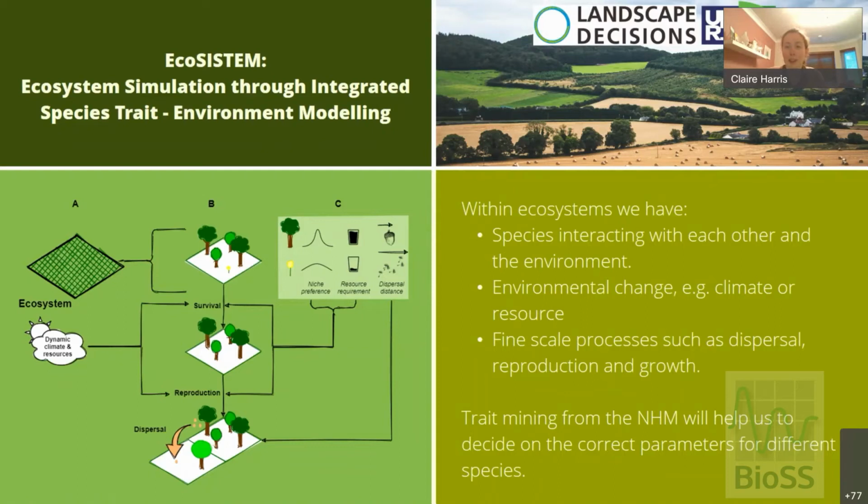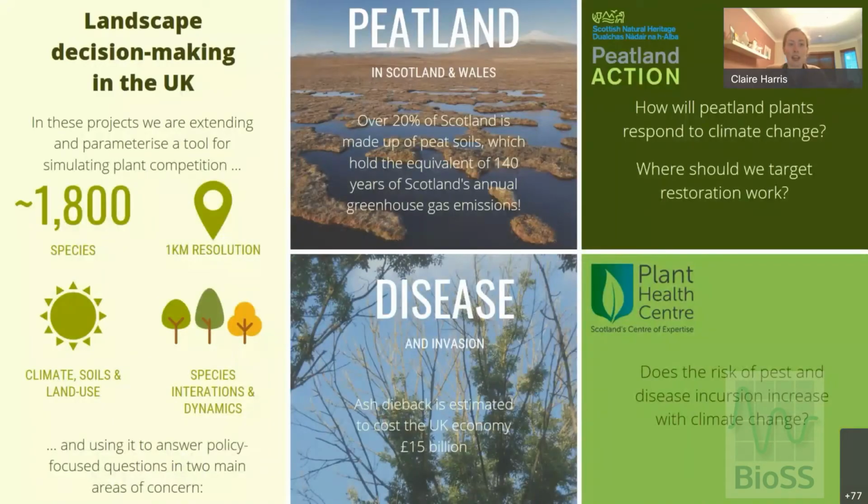And so we're hoping that we can really start to drive some of these mechanisms with real information on real species from the Natural History Museum data. So thinking again about the UK, we have now scaled this model to incorporate the roughly 1,800 plant species of the UK at 1 kilometre resolution.